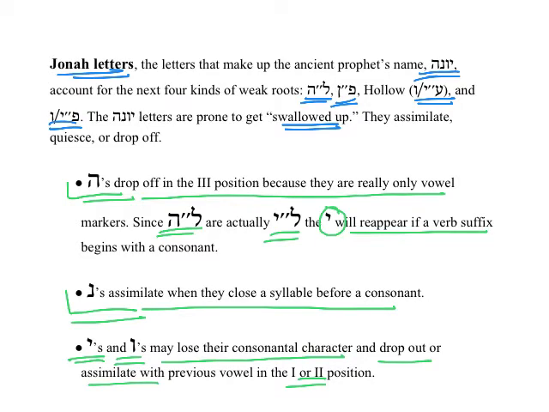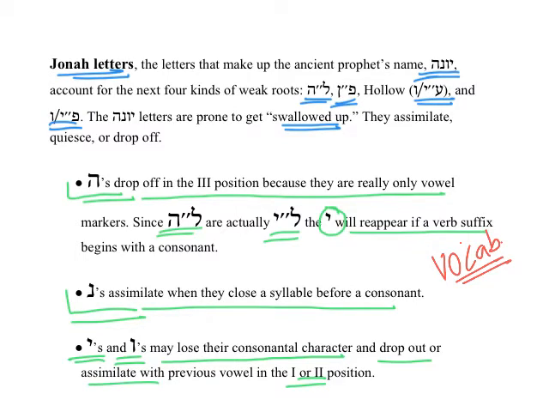That is, if we have a pei yod vav or a hollow verb. And it can't be emphasized enough that one of the really important things to help with the Jonah letters is to memorize the regular vocabulary.